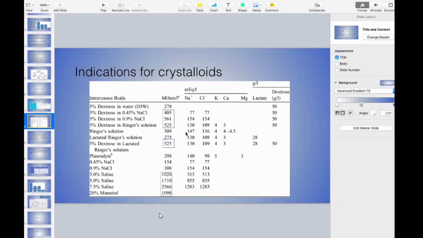Even in children, previously you would go for half normal saline because you were worried about the sodium concentration. But recent guidelines say even in children it is better to give isotonic saline, provided you monitor the sodium concentration.